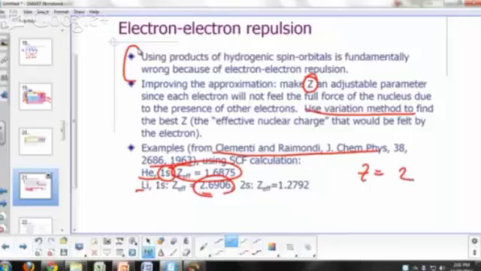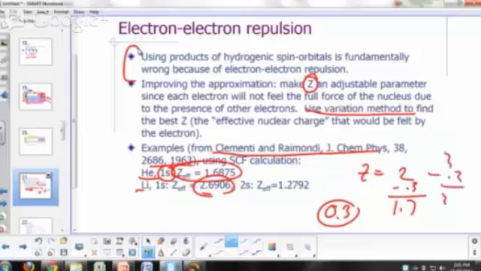What do you notice here? 1.69, 2.69. There's an effective screening of about 0.3, right? 2 minus 0.3 is 1.7, and 3 minus 0.3 is 2.7. So effectively, the effect of the other electrons on an electron in the 1s orbital is shielding of the nuclear charge by an amount equal to about 0.3.